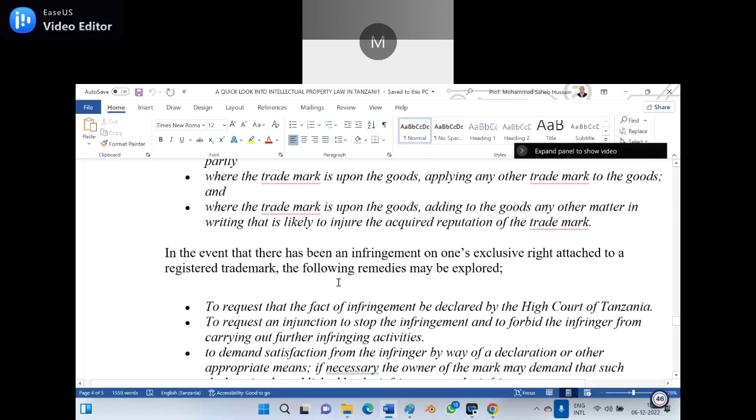So, in the event there has been an infringement of one's exclusive right attached to a registered trademark, the following remedies may be explored.